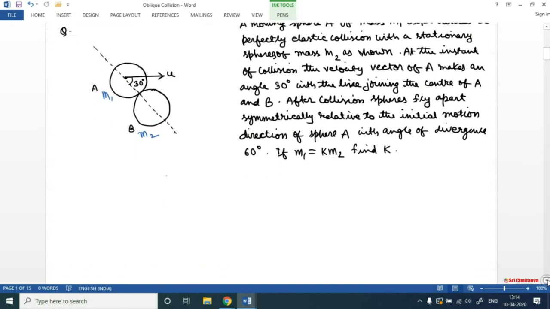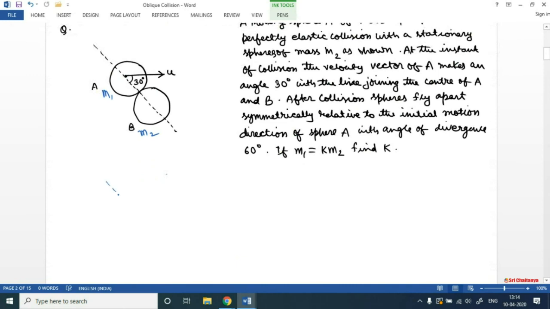Let's try to find out the condition after the collision. It says the spheres fly apart symmetrically relative to the initial motion direction of sphere A. So this was the initial motion direction of sphere A, and the spheres fly apart with an angle of divergence of 60 degrees. On body B, the impulsive force is going to act in this direction, so its velocity will change in this direction only.